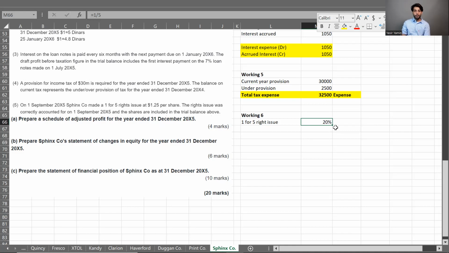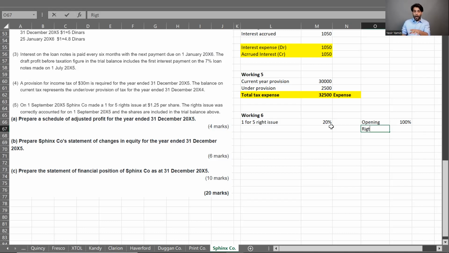Now, if you understand this 20%, which is just 1 divided by 5, think of our opening balance of share capital or share premium as 100%. Anything at the base level is 100%. But during the year, we made a rights issue of 20%.